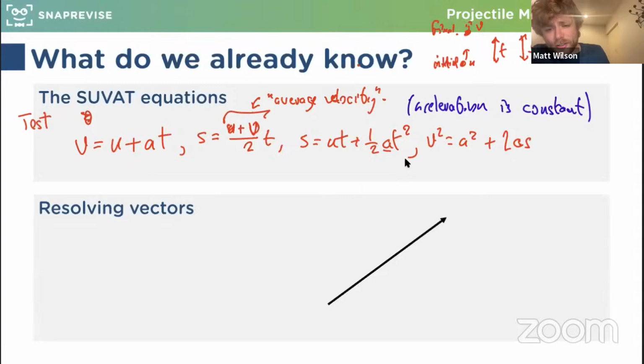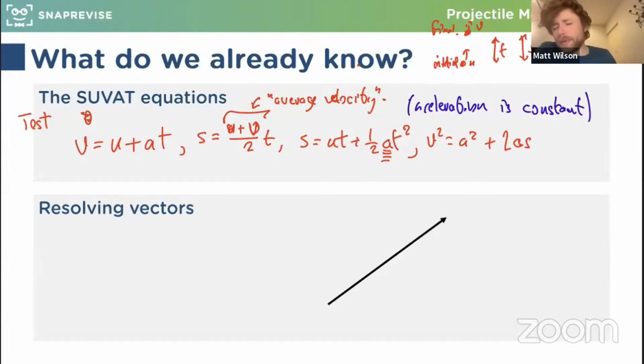But acceleration is just one number. There's never an initial and a final. Therefore, for these equations to be useful, you have to be in a situation where you can assume constant acceleration. We sometimes call this a uniform acceleration as well.